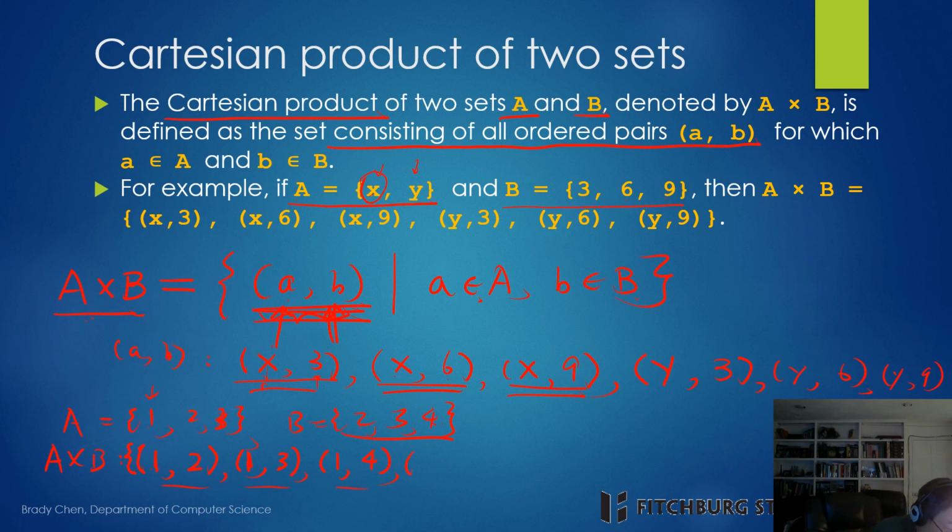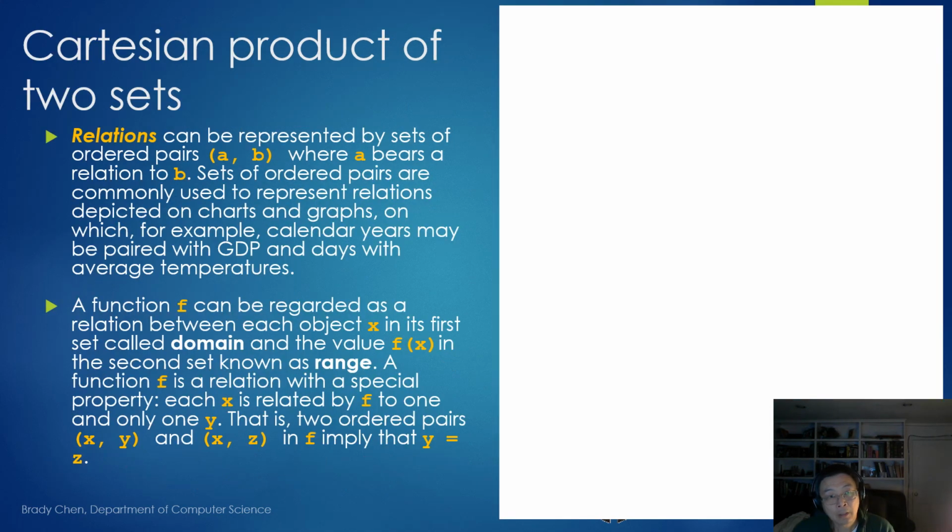And then we can change the first element to 2 and pair with all 3 elements in B. So 2, 2, 2, 3. So for 2 sets, A and B, we define the Cartesian product of these 2 sets. Okay, so the Cartesian product of these 2 sets is a new set which consists of all ordered pairs.